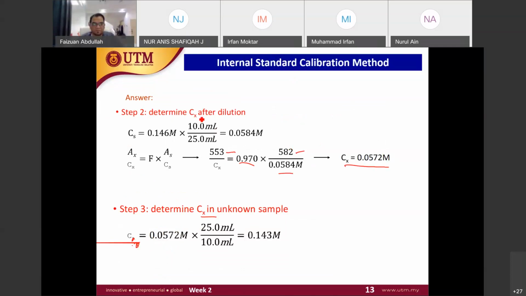So from that information, we know the concentration of X now.